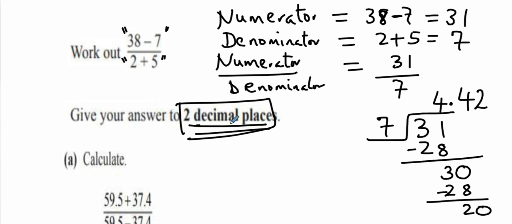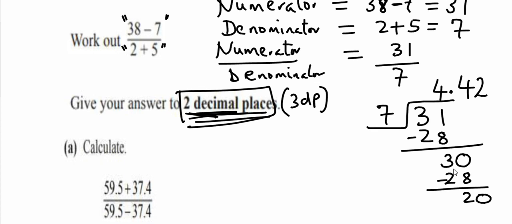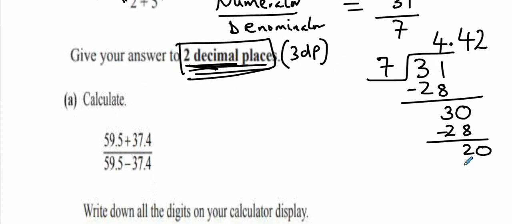They need 2 decimal places, so I have to stop when I get 3 decimal places. Until now, I have only 2 decimal places. So 2 times 7 is 14. Subtract here, this is 6. Add 0, 6 divided by 7, this will be 8. 8 times 7 is 56.